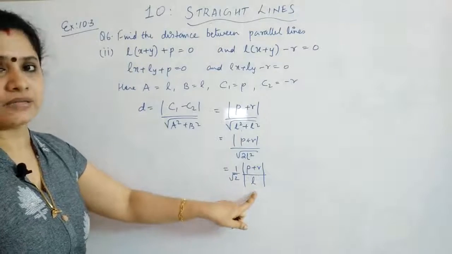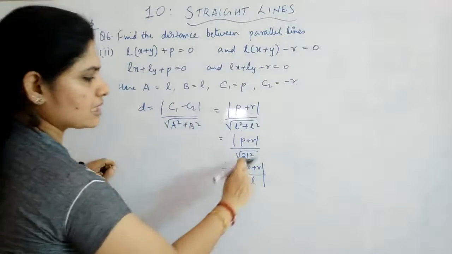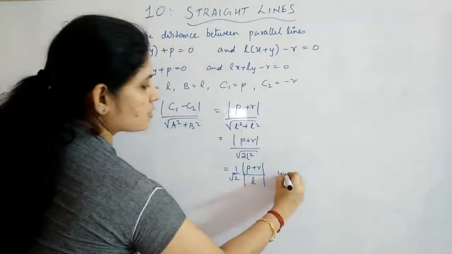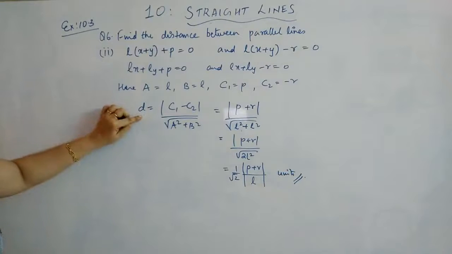We don't know the values of p, r and L, so we are making it as modulus of. Why? Just to show that we are taking the positive value since it is the distance. Okay. So this is the answer, 1 by root 2 into mod of p plus r by L units.